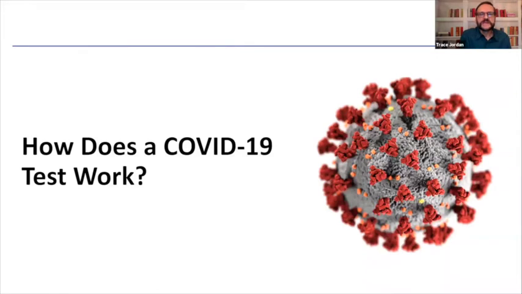At the beginning, we looked at the results of a COVID-19 test. So now that we have some knowledge about SARS-CoV-2, how can we relate that to understanding how a COVID-19 test works?